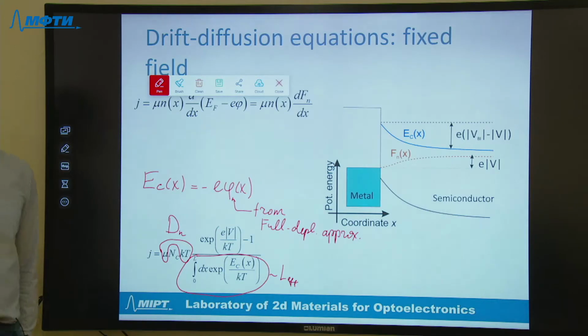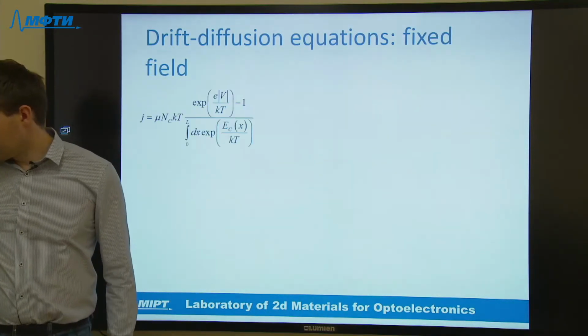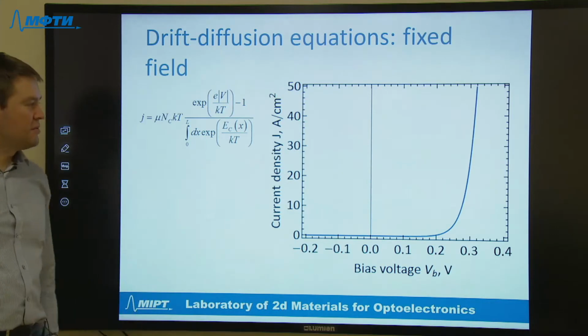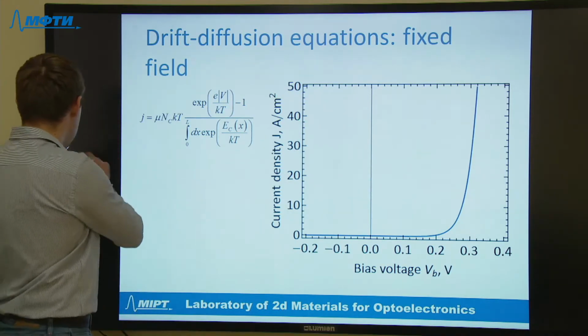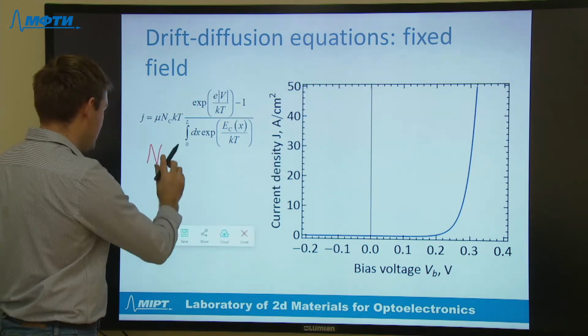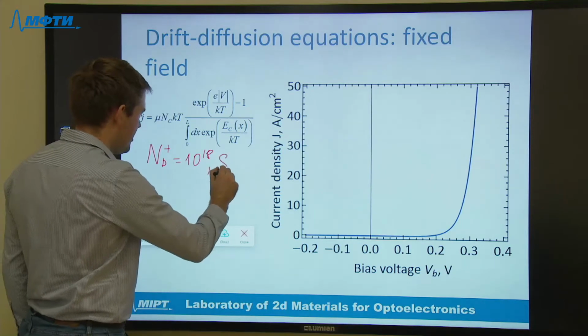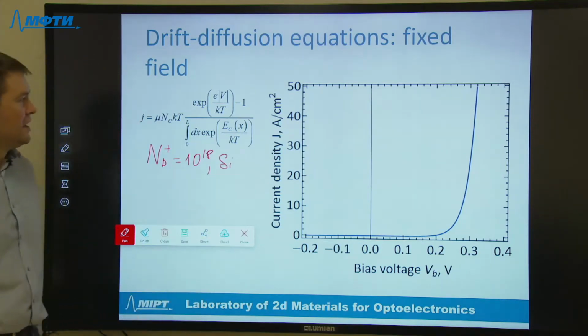I have tried to evaluate the current-voltage characteristic given by this formula at home, for some realistic density in the semiconductor, like the density of donors equal to 10 to the 18th and other parameters corresponding to silicon.